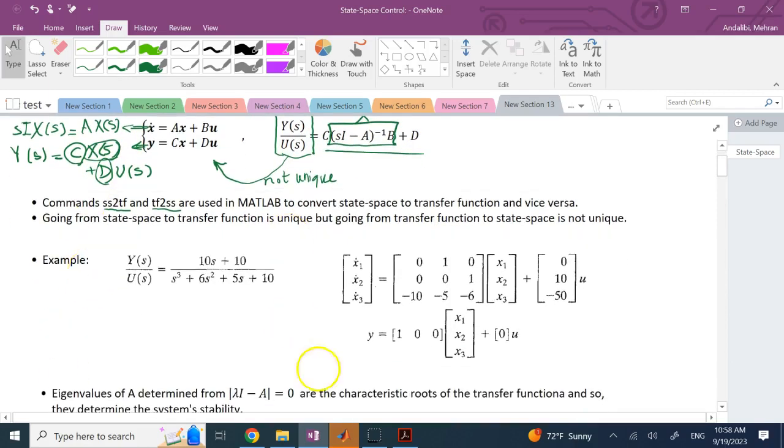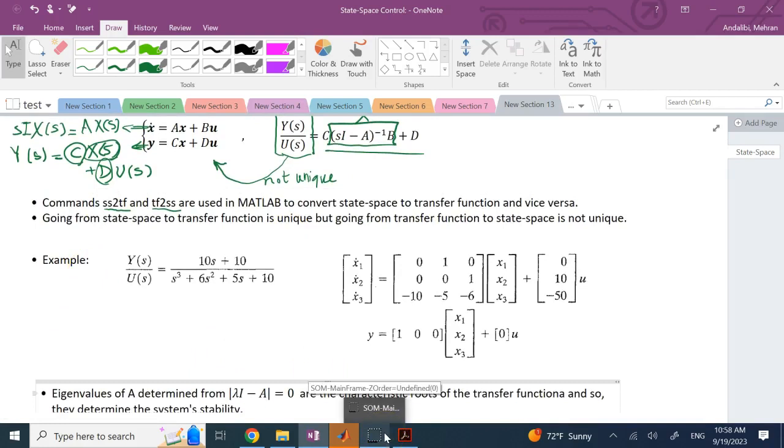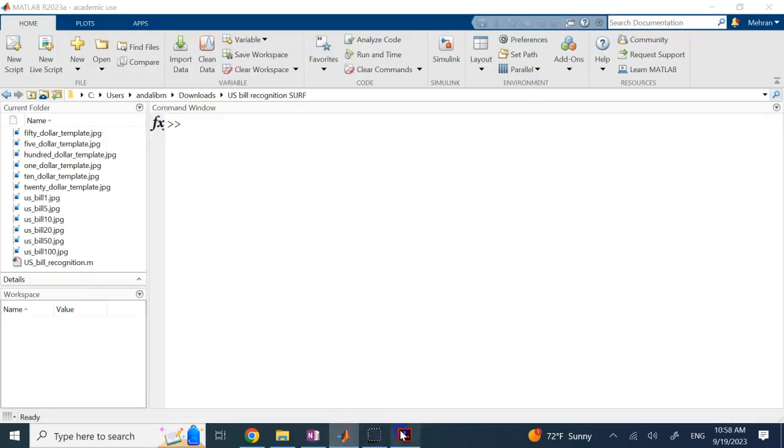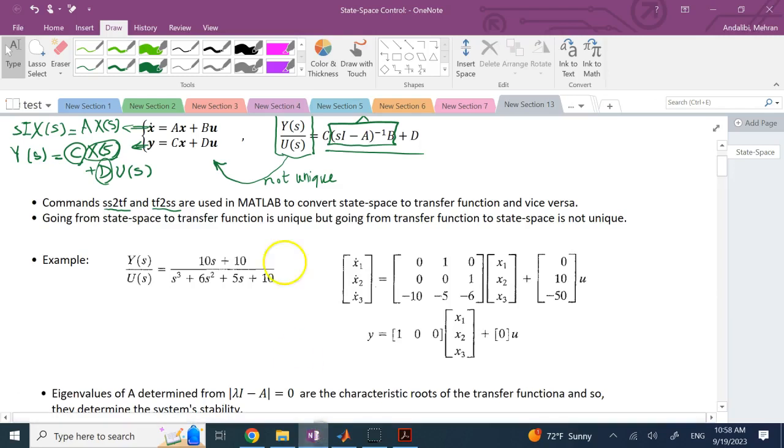So let me show you that part here. If we go to MATLAB, for this specific example, I'm going to show you how to go from the transfer function to the state space, right? So you need to define the transfer function.